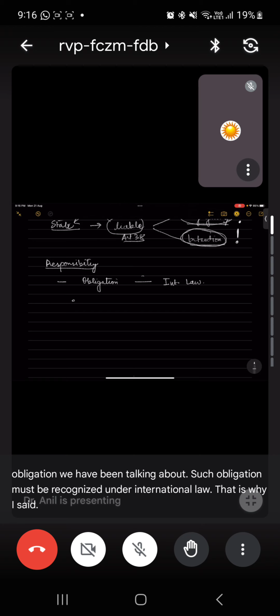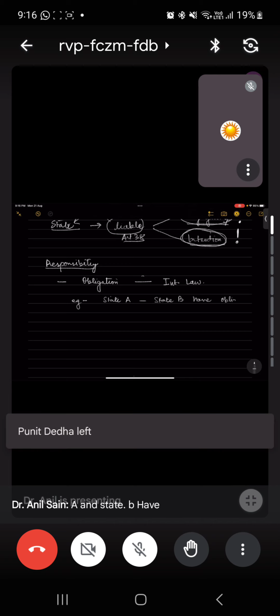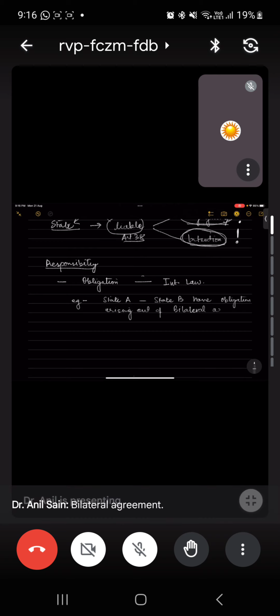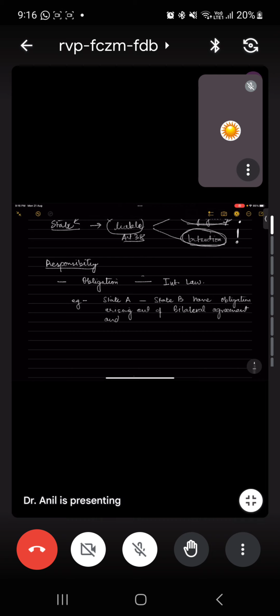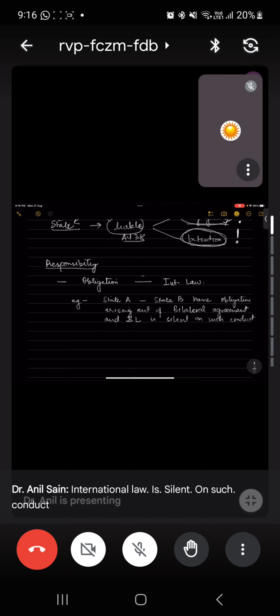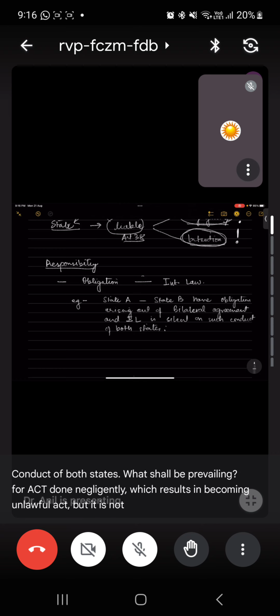That is why I said, for instance, if state A and state B have an obligation arising out of a bilateral agreement, and international law is silent on such conduct of both states, what shall prevail? For an act done negligently, which results in becoming an unlawful act, but it is not backed by international law.